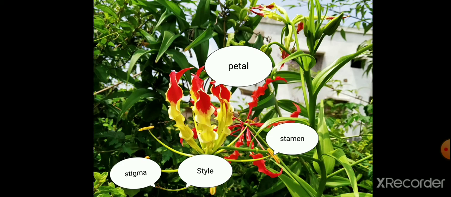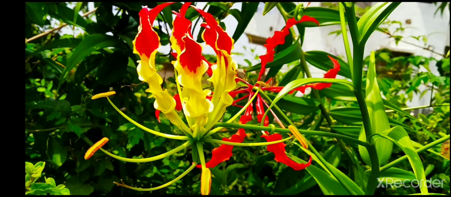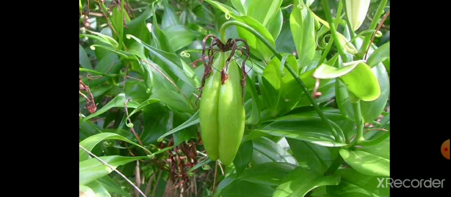So it is very interesting to see all the plant parts, the stamens, the stigmas, the petals, and the ovary, which is greenish in color below the petals. If we look very carefully, it can be observed.